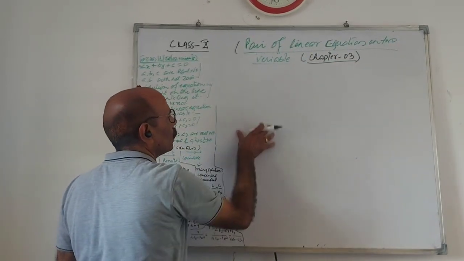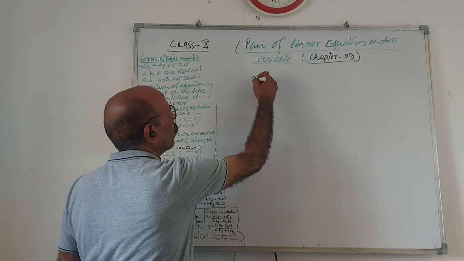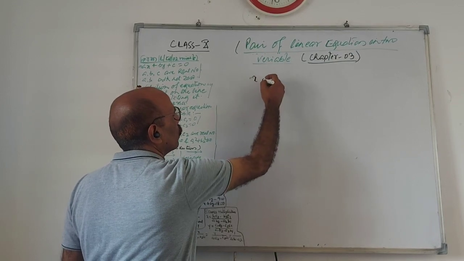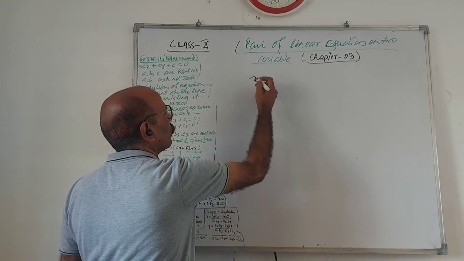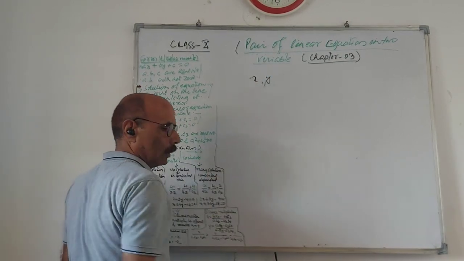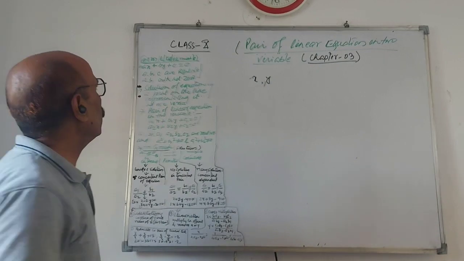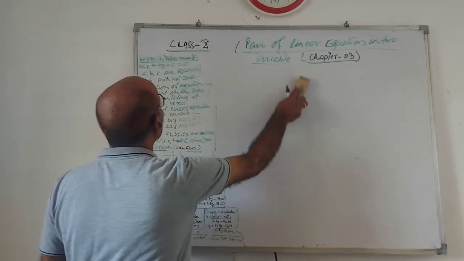That means in this equation the variables are not like a, b but like x and y, two variables.